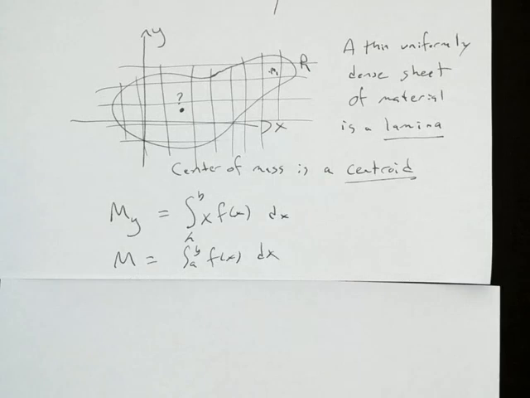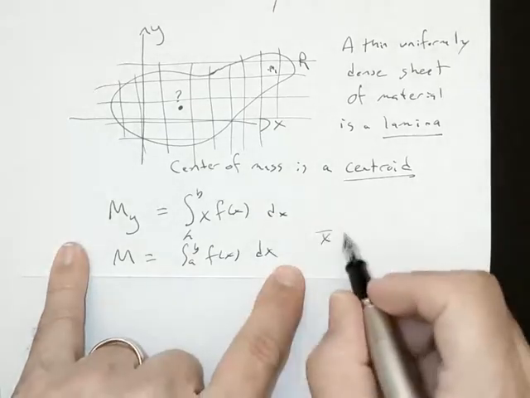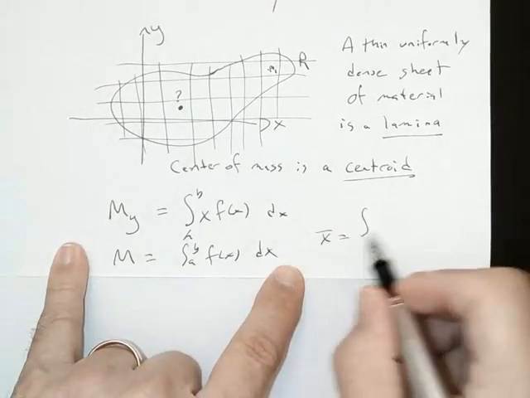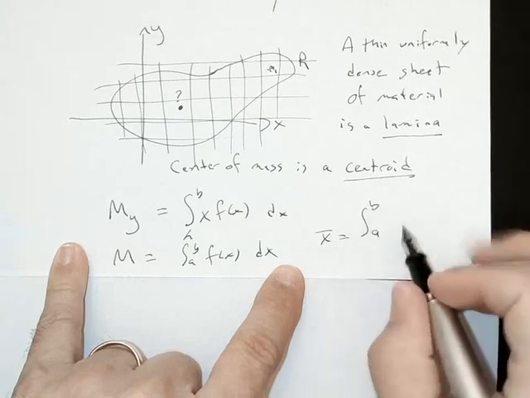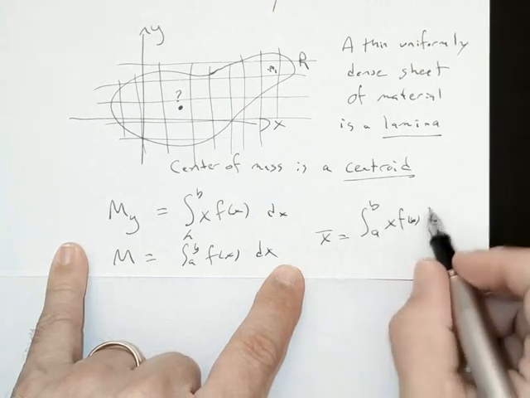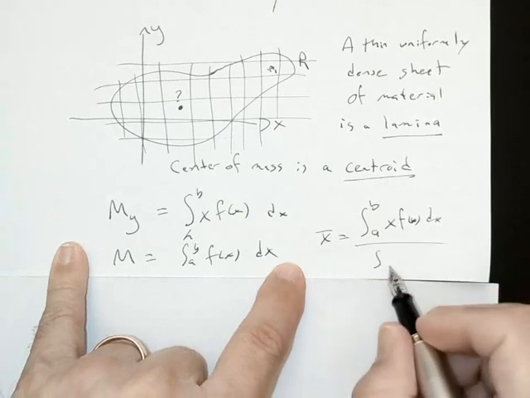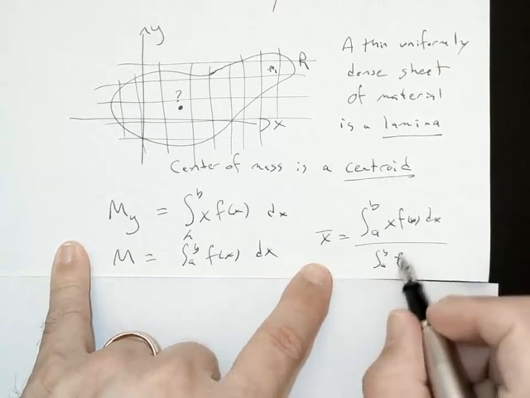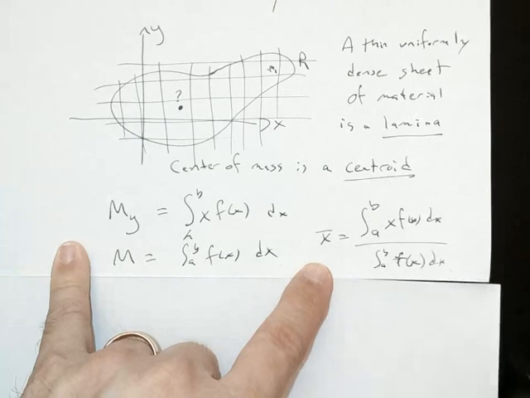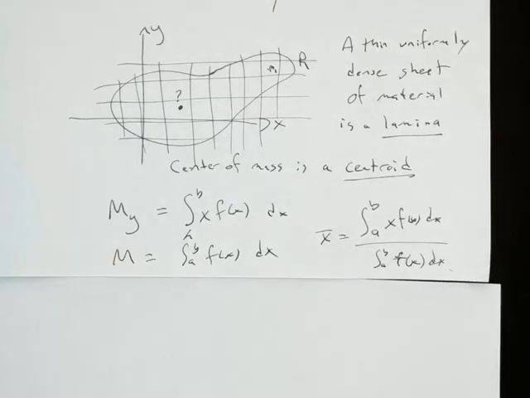Which means I can find x bar by doing these two integrals directly. That makes sense, I think. Instead of doing a sum, I do an integral.